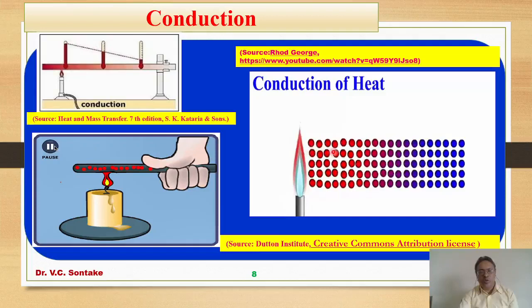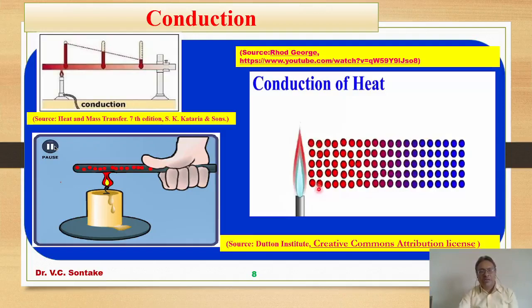While doing so, they come into contact with the neighboring molecules which are less energetic as compared to these molecules. When they vibrate, they collide with each other, molecular communication takes place between them, and by virtue of temperature difference, heat transfer takes place.